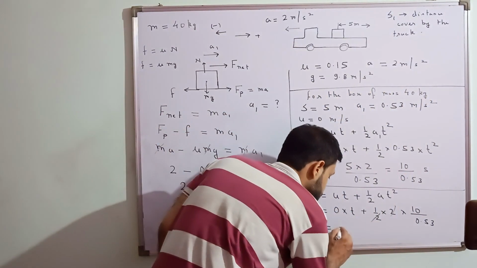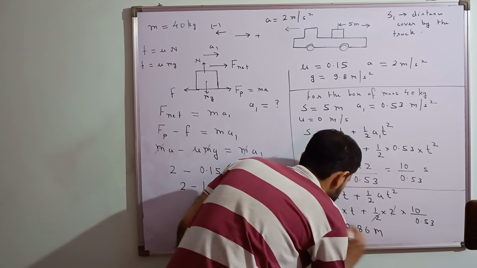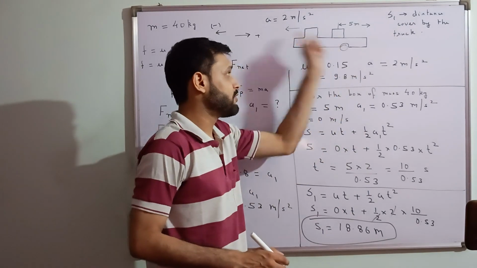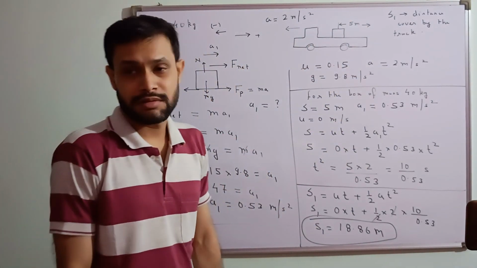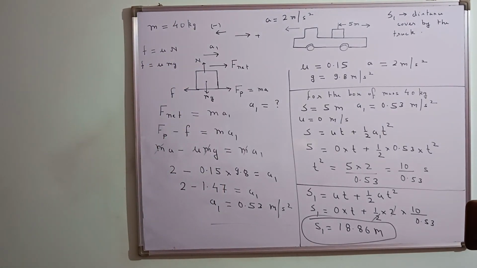This is the final answer. This is the distance by which the truck will move by the time the mass falls from the truck itself. So is there any doubt in this question now? Okay, you note it down if you want to, then we'll move to the next question.